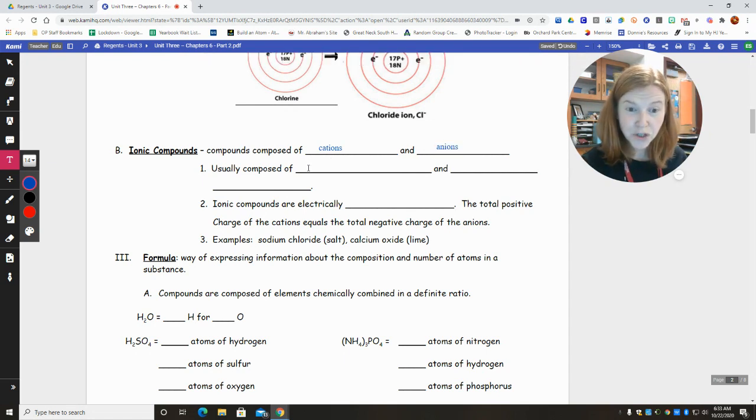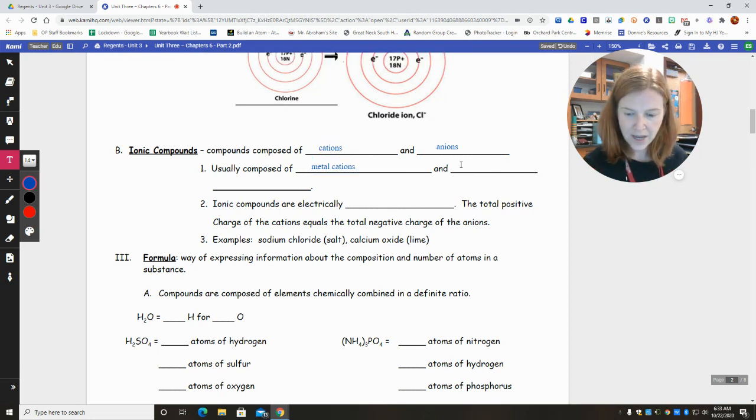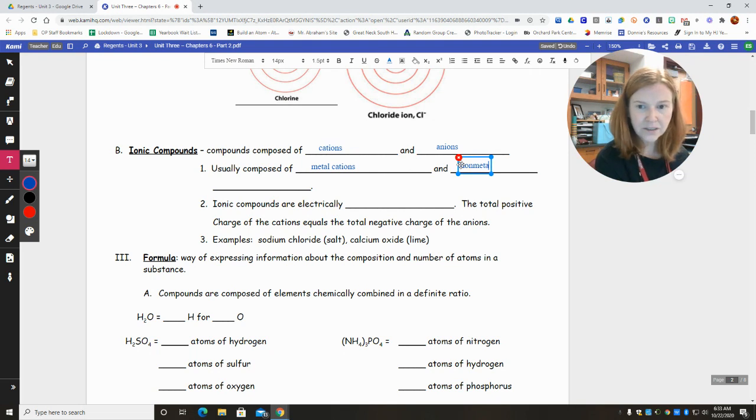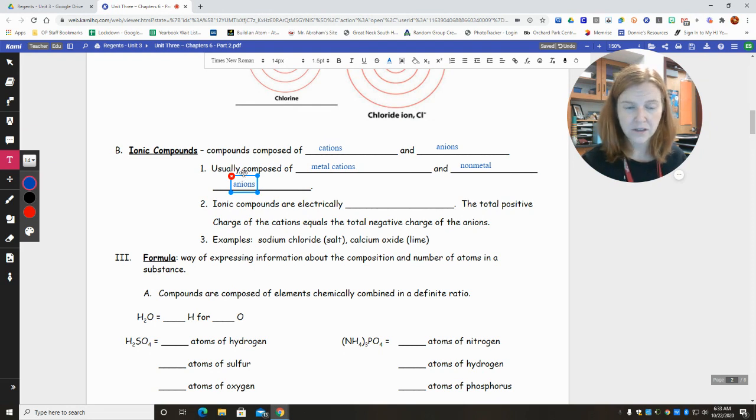So these are usually going to be composed of metal cations, because metals like to be positive, and non-metal anions, because non-metals tend to be negative. Ionic compounds are electrically neutral. So the total positive charge of the cation has to equal the total negative charge of the anion.